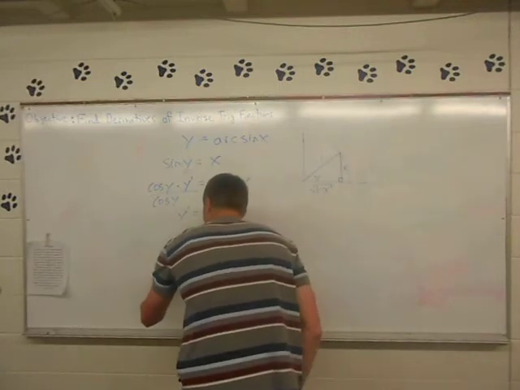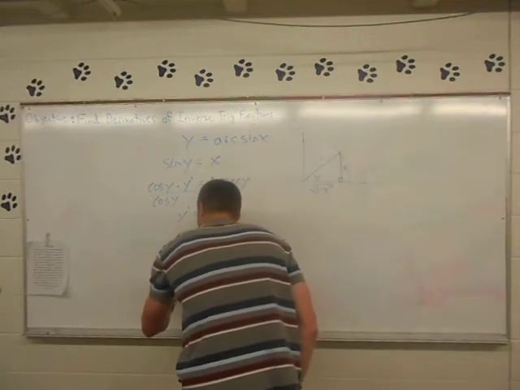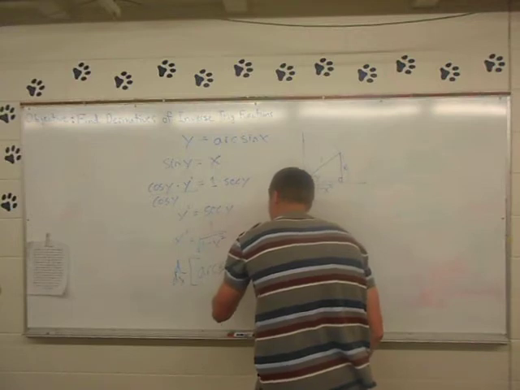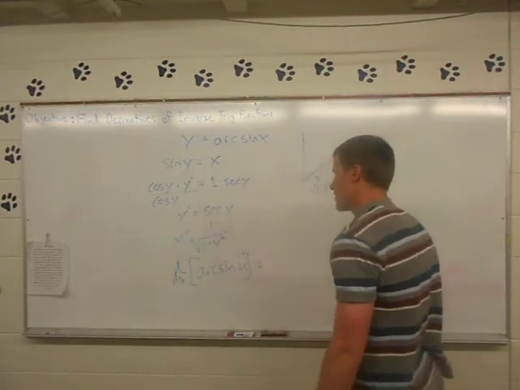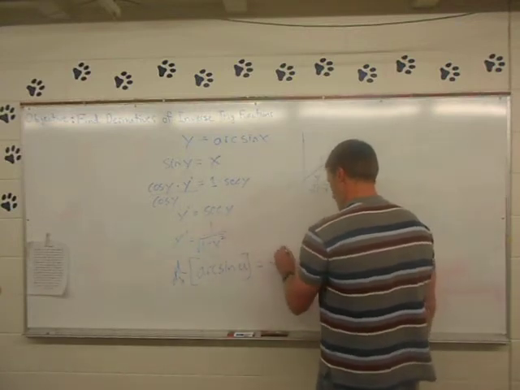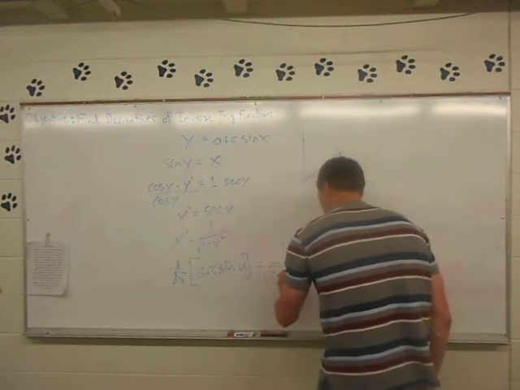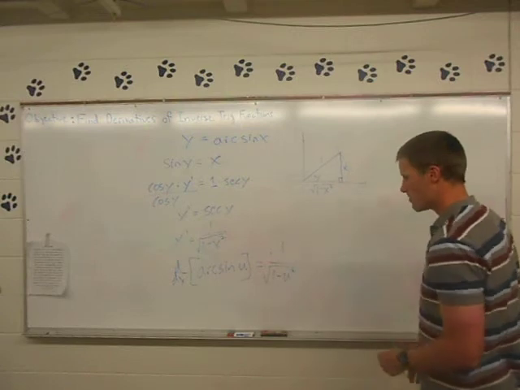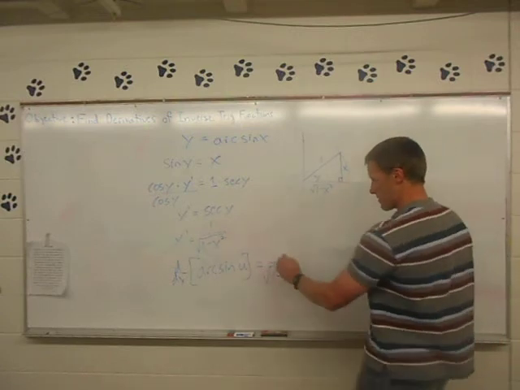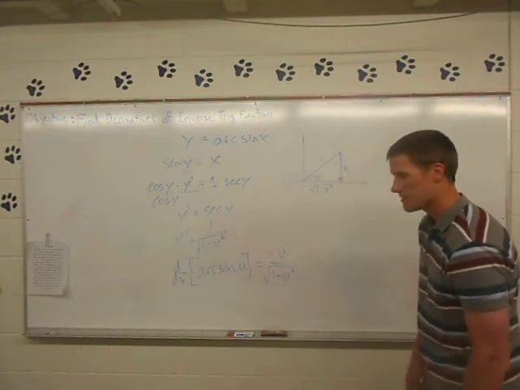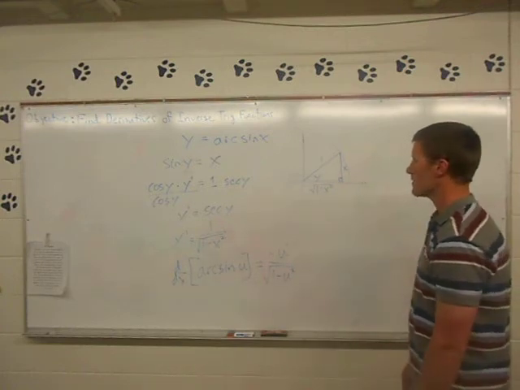The derivative of arc sine u is the generalization. That'd be 1 over root 1 minus u squared times u prime. So we're just going to put that u prime on top. And that's how all these work, really.